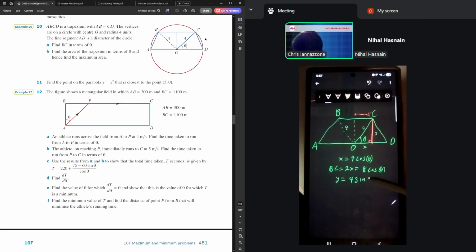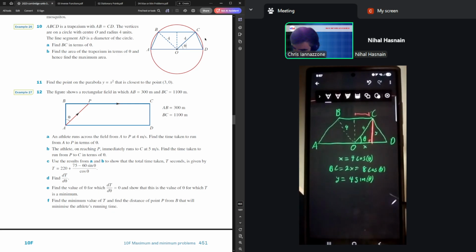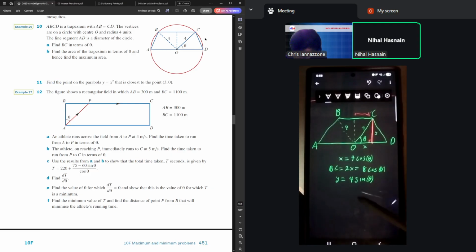Yep, that's good. That'll be the height.